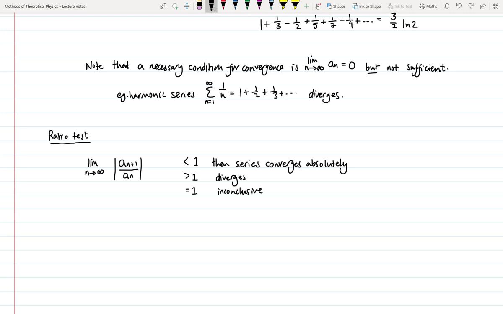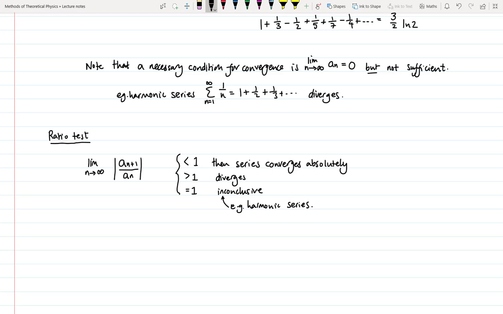And an example of this is what we saw above in the harmonic series. It's easy to check that as n tends to infinity, this quantity becomes n divided by n plus 1. And as n tends to infinity, that approaches 1. So these are the three values of interest for the ratio test.